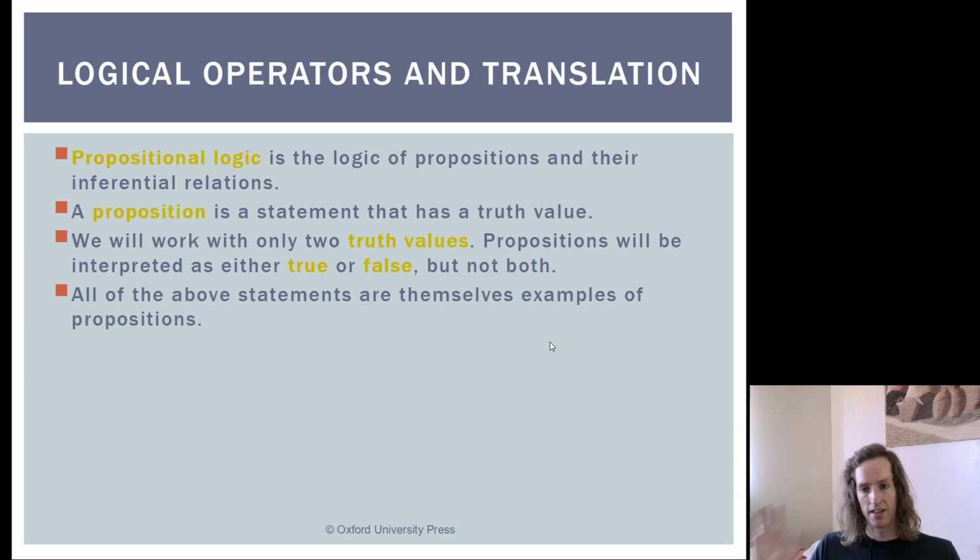But we don't have to worry about that in this class. True and false are the only possible truth values for propositions to have. So all the above are examples of propositions. Propositions are just statements that can be true or false.